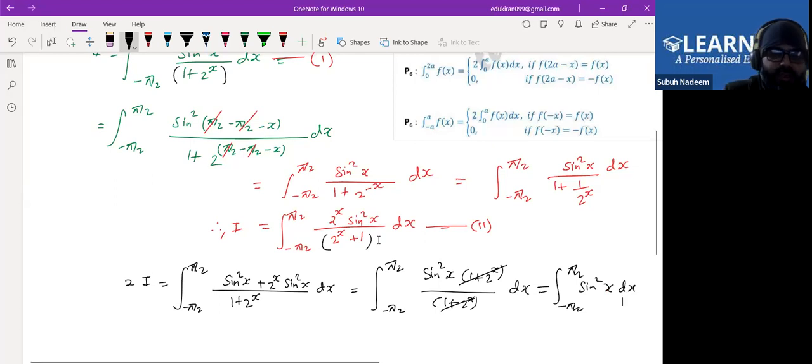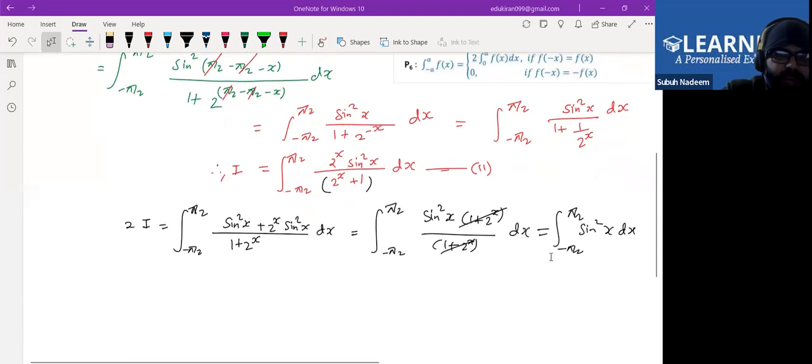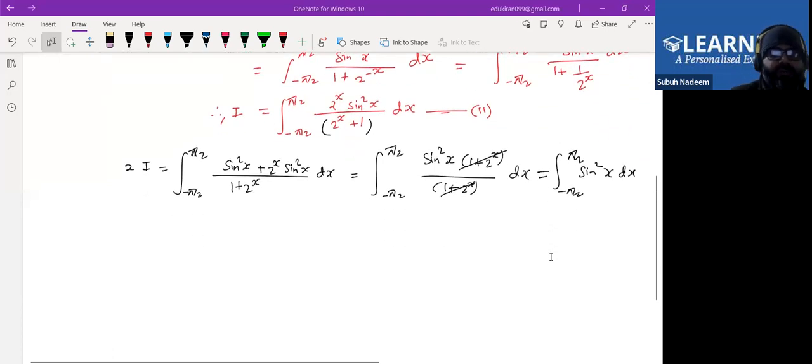Now there is the concept of indefinite integration which we will do. So we'll change it into cos 2x. So just apply the formula of trigonometry and try to find out the result.